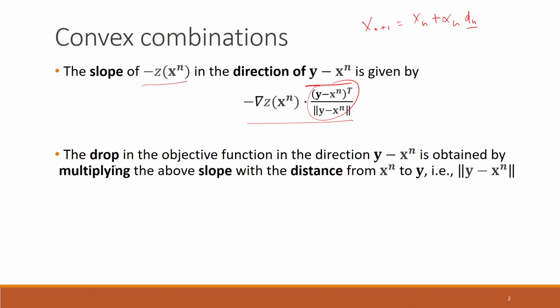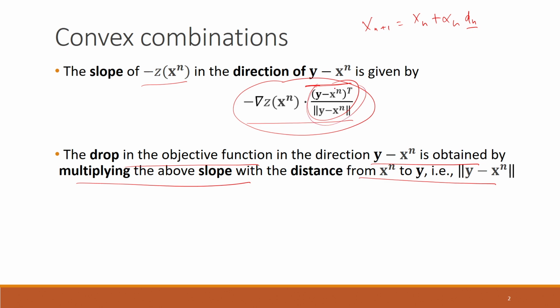The drop in the objective function in the direction y minus xn is obtained by multiplying the above slope with the distance from xn to y, that is, the norm of y minus xn. This overall tells us the slope in this direction y minus xn, and this is a unit vector here.